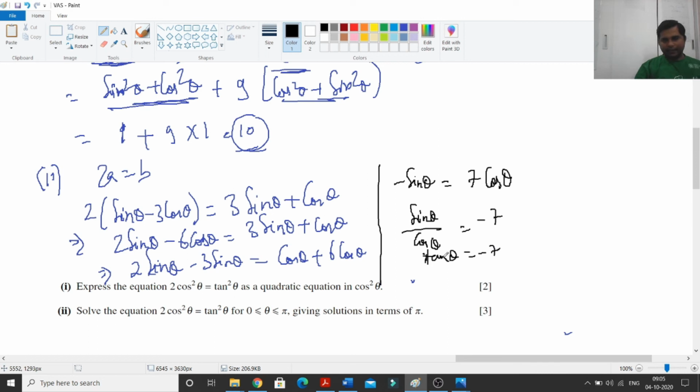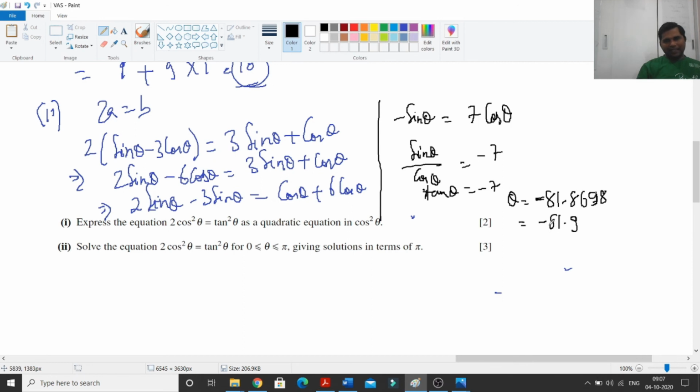As tan theta is negative, it is lying in the second and the fourth quadrant. So if you do tan inverse of minus 7, you will get minus 81.86. So theta is minus 81.86. With one decimal place it is minus 81.9.